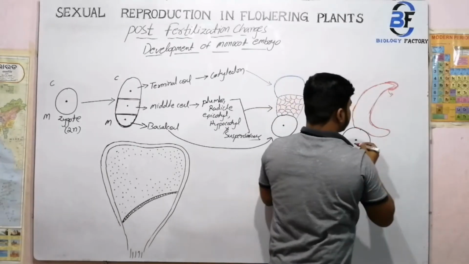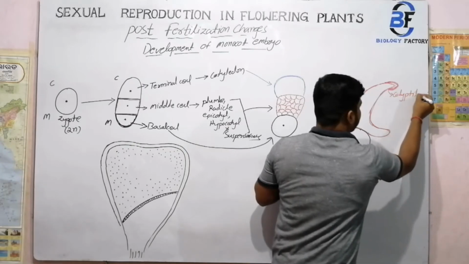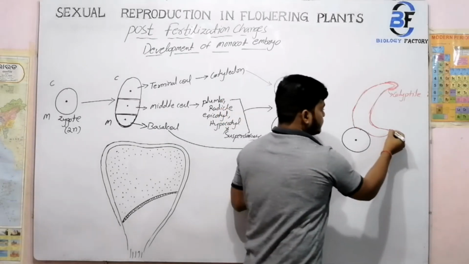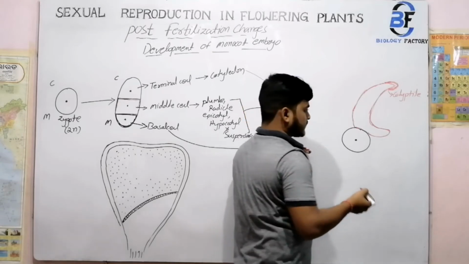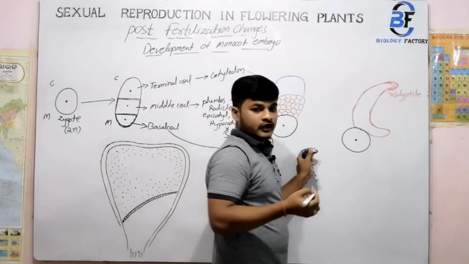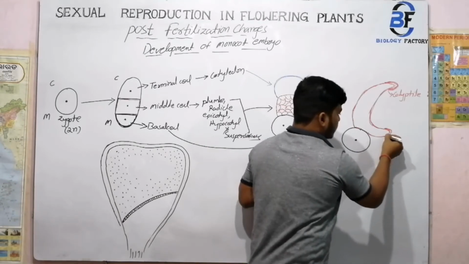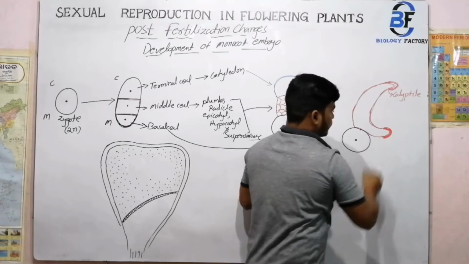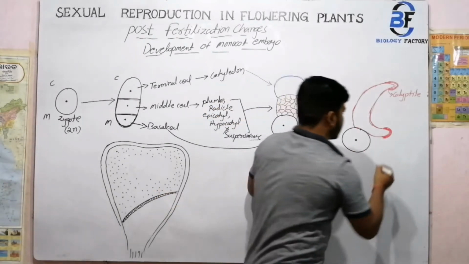So here is your coleoptile. Next, in your lower part, I told you the radicle, but it is otherwise known as your coleorhiza because of the formation of a cap-like structure, that means a cap-like sheath, and because of this sheath, it is known as your coleorhiza.